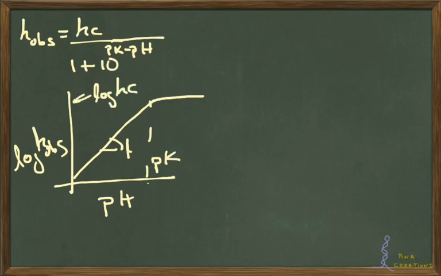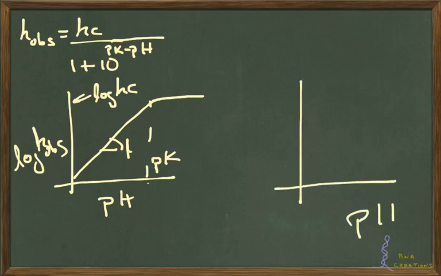But if I don't take the log, what does it look like? It's still going to be asymptotic at high pH, but it'll go up much faster. It'll look like this.